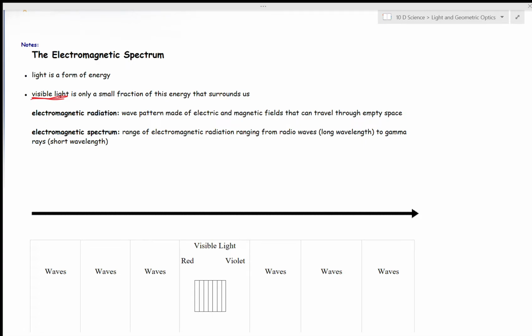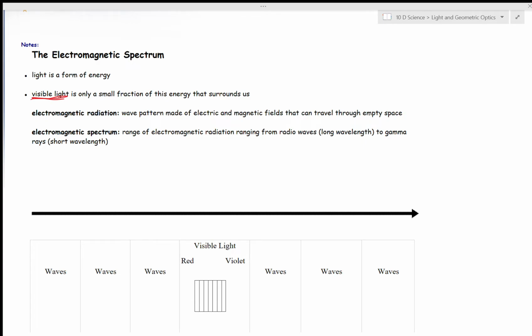Our eyes are sensitive to the visible spectrum. Of course, there are other organisms that are able to go outside of that visible spectrum. And the sun actually produces all of the frequencies of light that we're going to be talking about today. Electromagnetic radiation is a wave pattern made from two components. One is an electric component, the other is a magnetic field, and they travel through space.